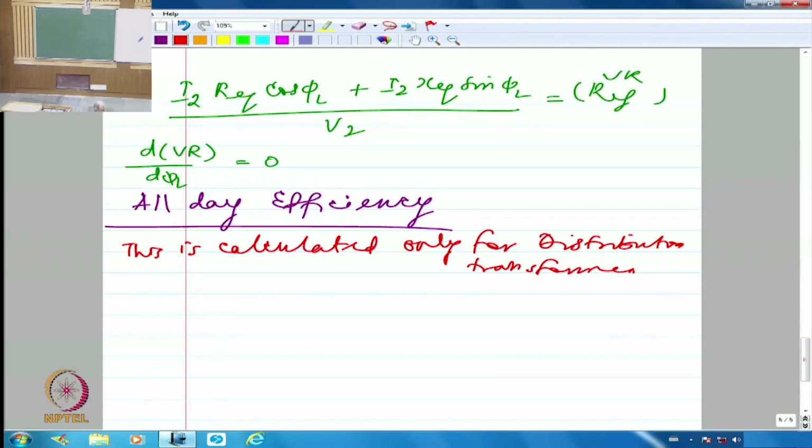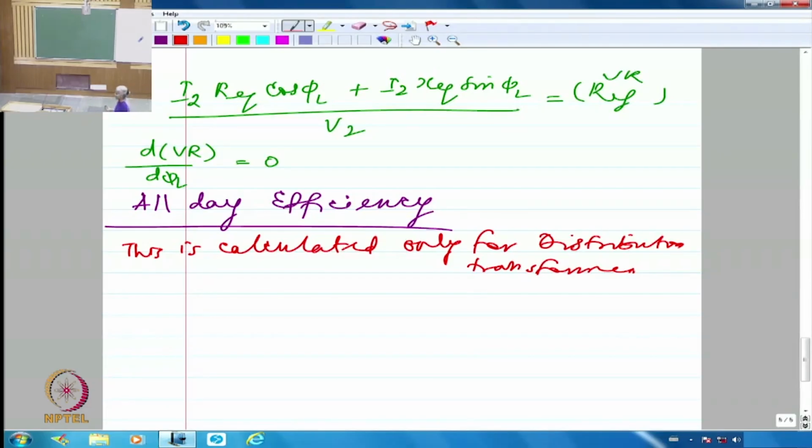If the load profile says that out of 24 hours in a day, for 12 hours it is going to work at 65% load, then you would try to get a transformer which will have maximum efficiency at 65% load. That's how you would generally ask for a transformer when you go and purchase one for installation in a distribution system.